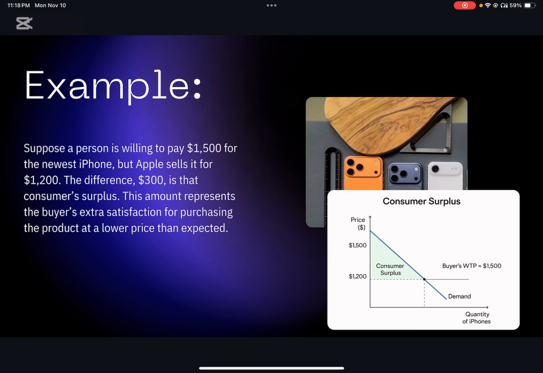For example, I'm going to use the iPhone for this. Imagine you have been saving for months and would happily pay up to $1,500 for the new model because you love the features. But when you get to the store, the actual price is only $1,200. You still buy the phone that you want, but you also gain an extra $300.